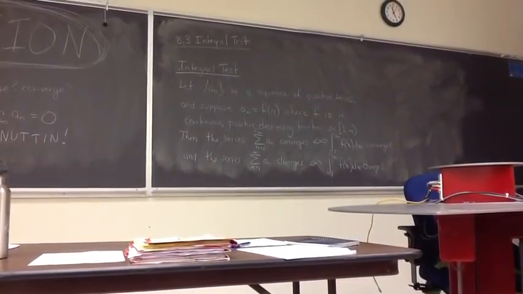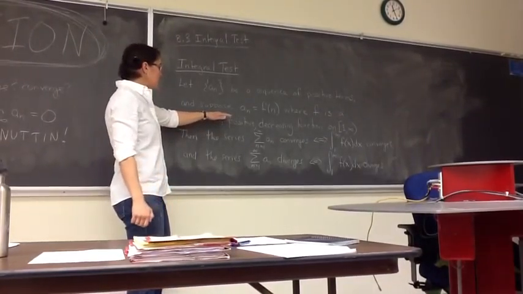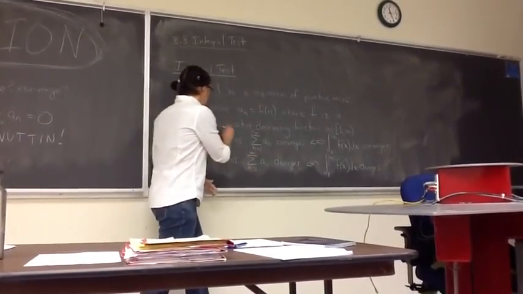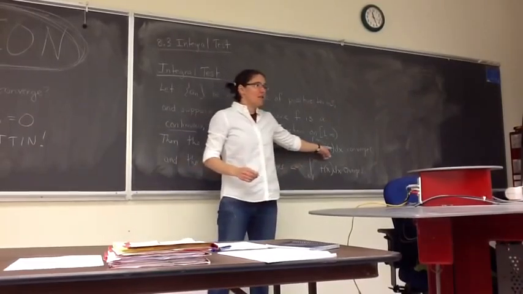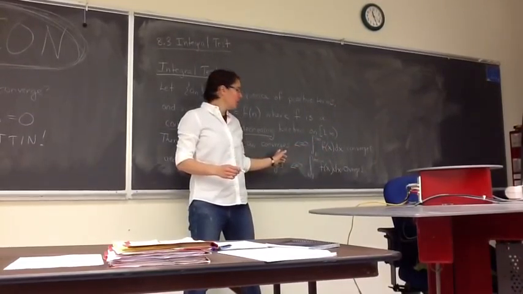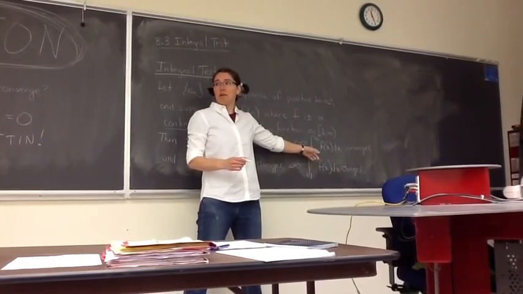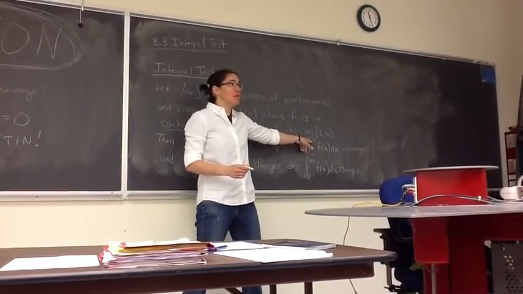Okay, so one thing I just commented on is that we're going to need to make sure that our function follows these three requirements: continuous, positive, and decreasing. And instead of analyzing a series, we're going to be analyzing an improper integral. So it's a good thing we talked about improper integrals earlier on in the semester. We're starting at 1 and going up to infinity.